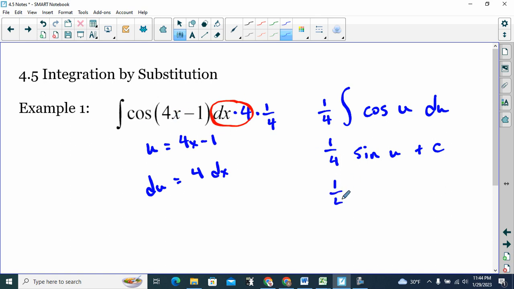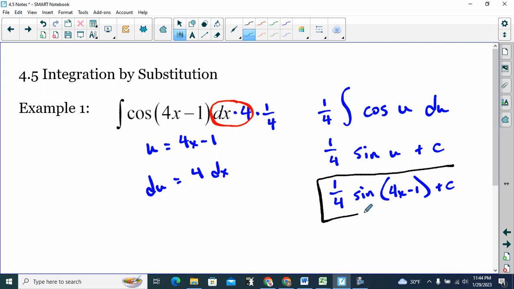We should write our answer in terms of x. 1/4 sine of 4x minus 1 plus c. And if that seems super complicated to you, that's okay. After we do a few of these, you'll get the hang of it.